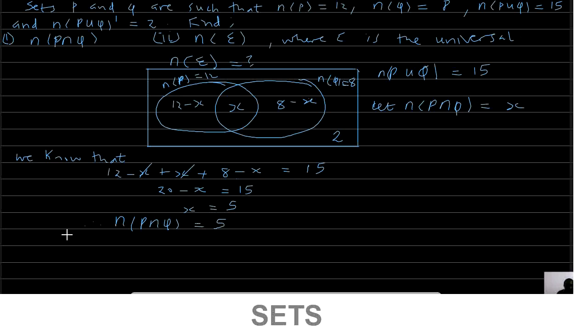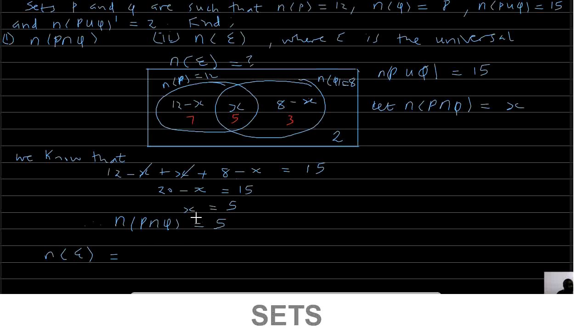Next, we need to find the number of elements within the universe. Before we do that, let us substitute back the values. Here we have 5, since X is 5. 8 minus 5, we get 3 here. 12 minus 5, we get 7 here. So we need to find the elements which are in the universe.